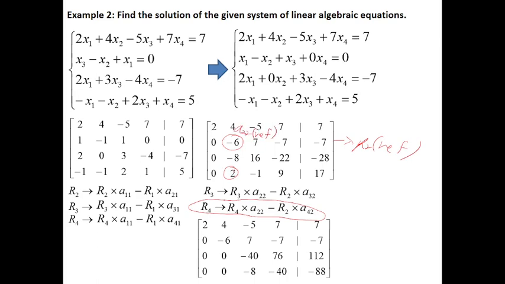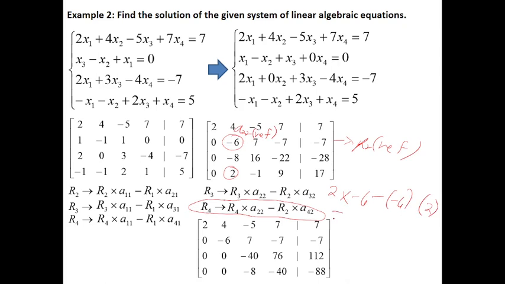Tapos, meron tayo ditong 2. Hindi ko natitignan yung pattern. 2 times negative 6 minus negative 6 times 2.